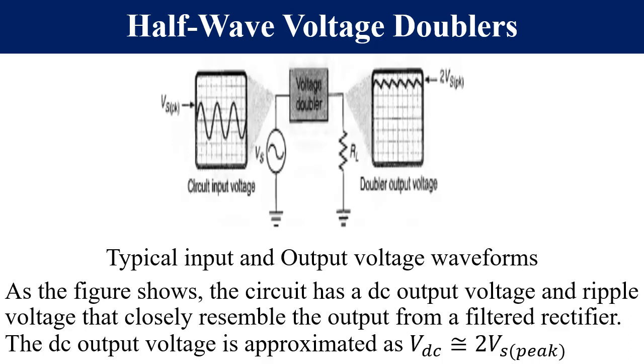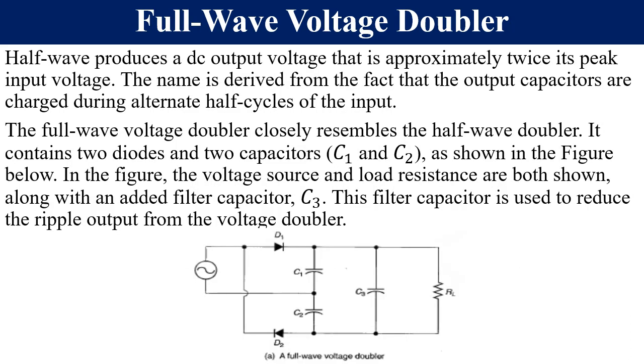So capacitor C2, which is connected to the load, is charged to 2 multiplied by the peak supply voltage, or it is charged to supply voltage Vs peak plus the voltage across the capacitor C1, which has also been charged to peak supply voltage. We have finished with the half-wave voltage doubler.